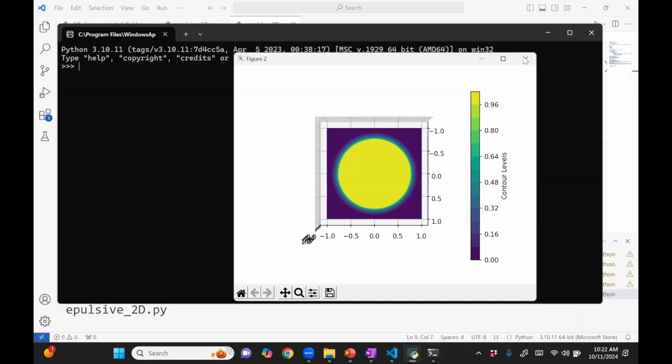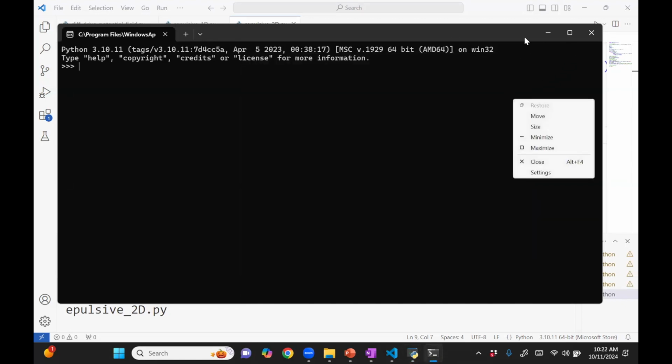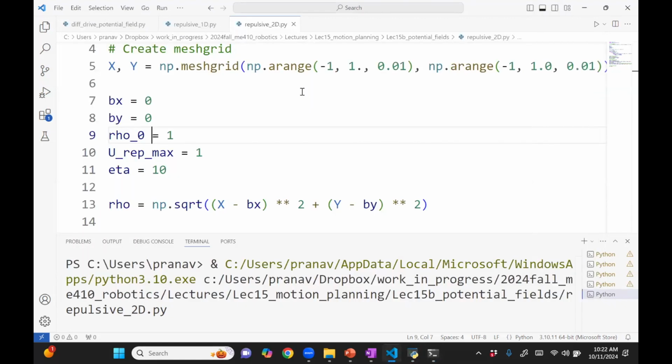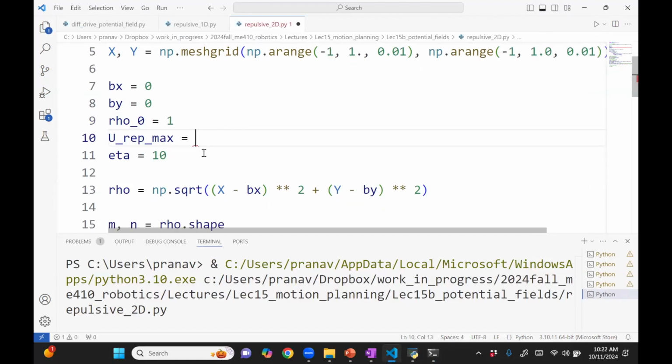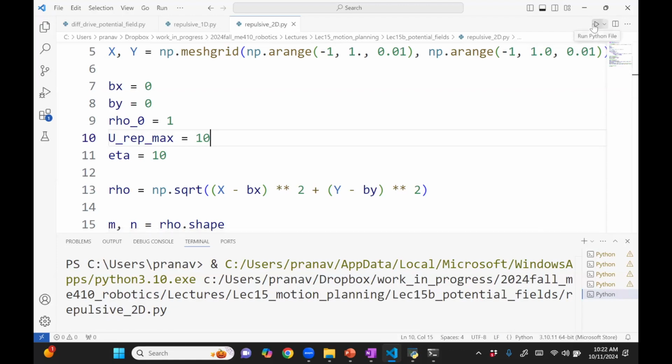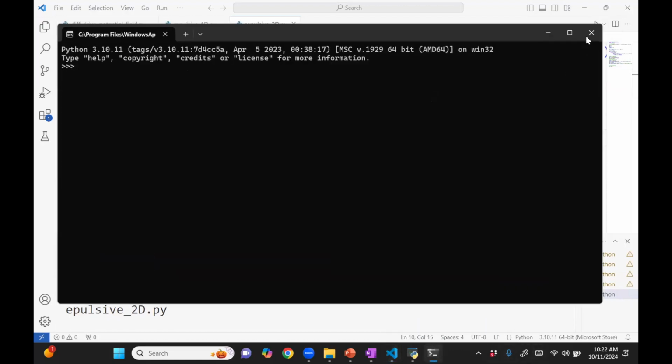Okay, so as I said, this max is something I created. I could just make it 10, and then it will show you. Should be similar, I think. It's running.